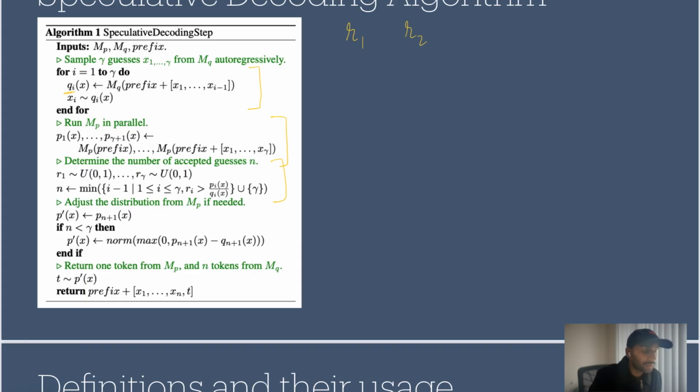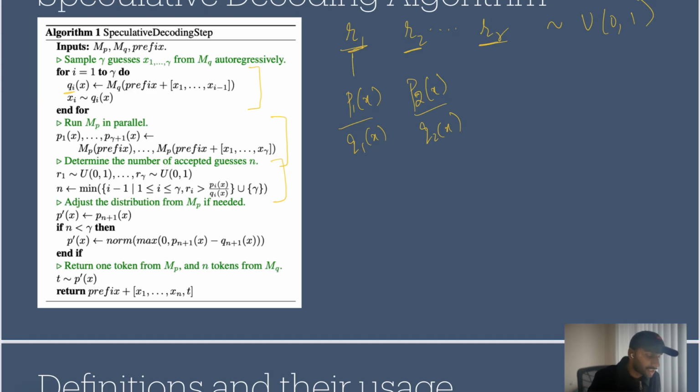So for each time step, you denote a uniform random variable. And you have these probability distributions, right? So you just created all of these. And so you're going to compare each of these. So you're going to sample gamma number of uniform random variables, one for each time step.